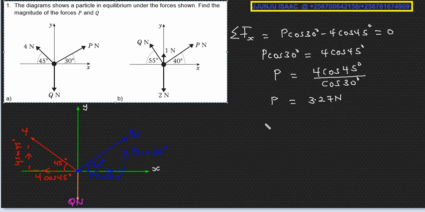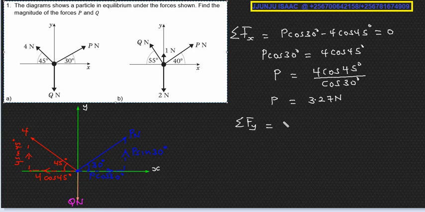Alright, now what about the vertical components? Now vertical, we have this 4 sine 45 and this P sine 30. Then we have this one moving down. So the summation of all forces in the vertical, that is along the y-axis, those which are going up are taken to be positive. The one which goes down, and it is the Q, will be negative.